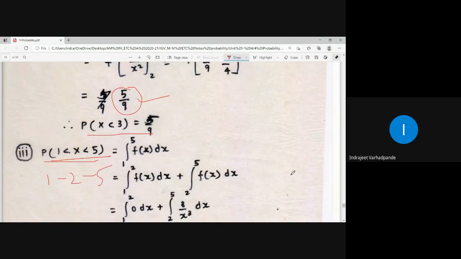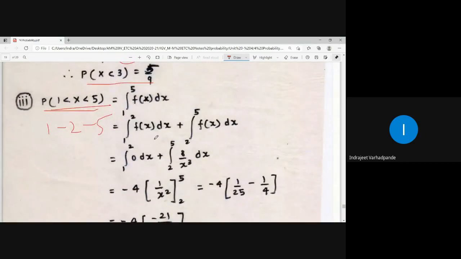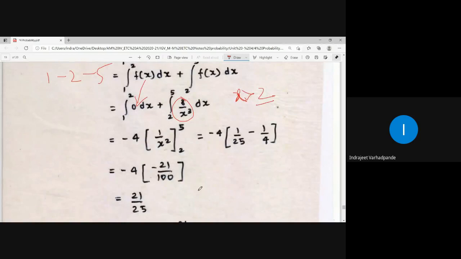For the range they have asked, we will calculate accordingly. So for 1 to 2 the function does not exist, its value is 0. For 2 to 5, since the function is 8 upon x cube for x greater than 2, and 2 to 5 is greater than 2, the function over there is 8 upon x cube, and we integrate it, put the upper limit and lower limit.